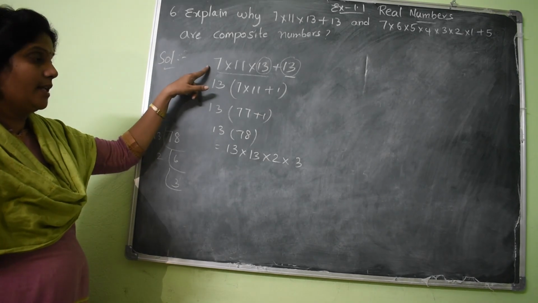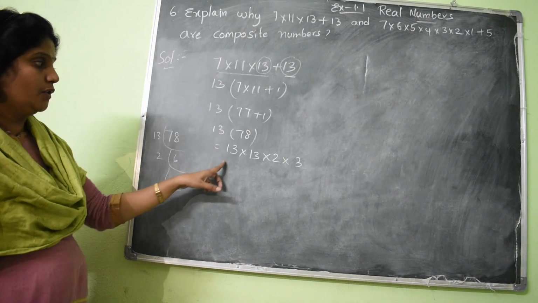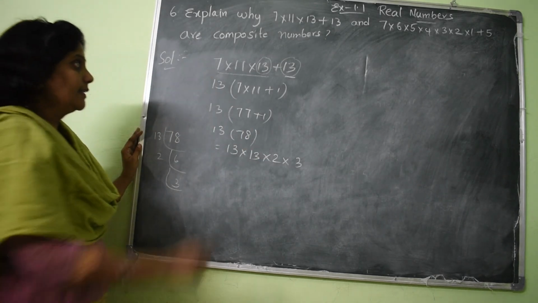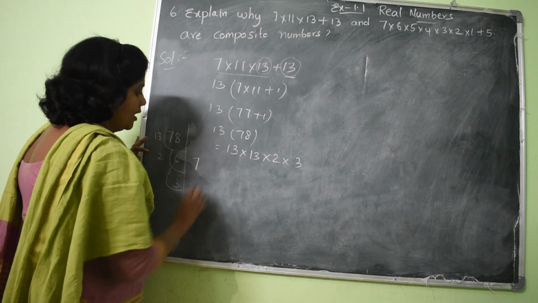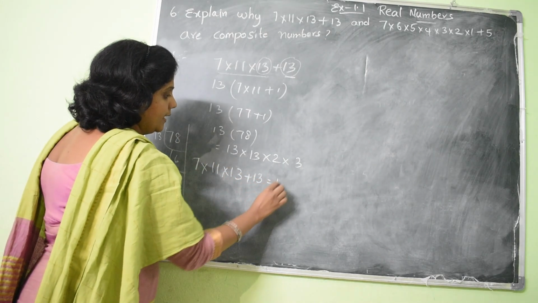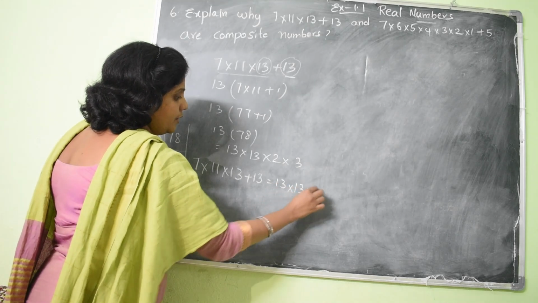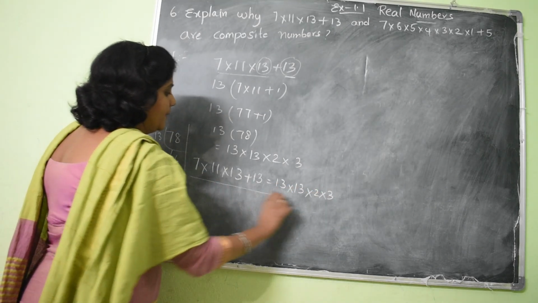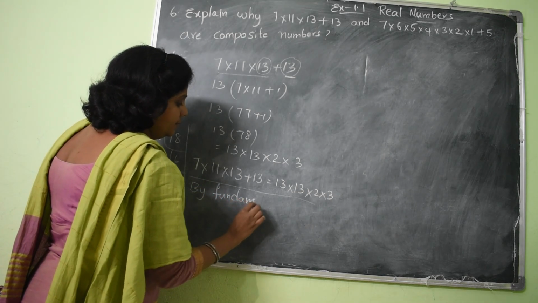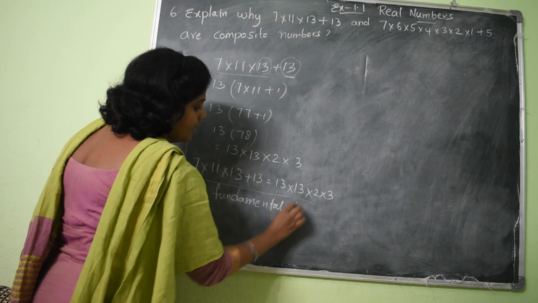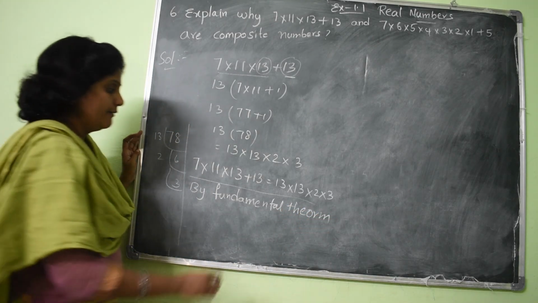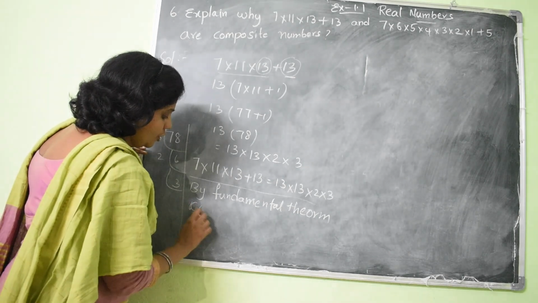So we can say this number is a composite number. Why? We are able to write this number as a product of prime factors. So 7 × 11 × 13 + 13 is equal to 13 × 2 × 3. By the fundamental theorem, every composite number can be expressed as a product of prime factors.